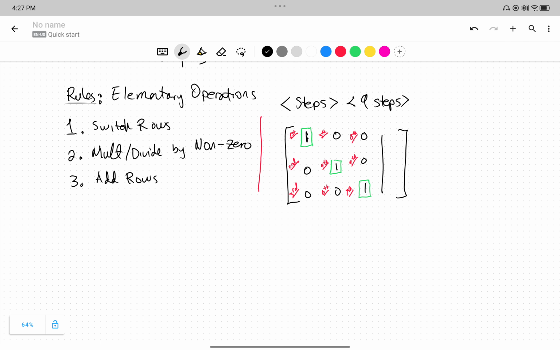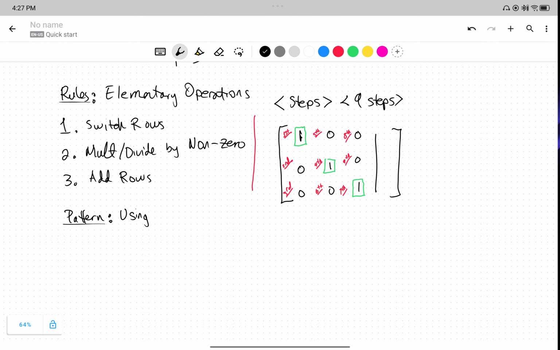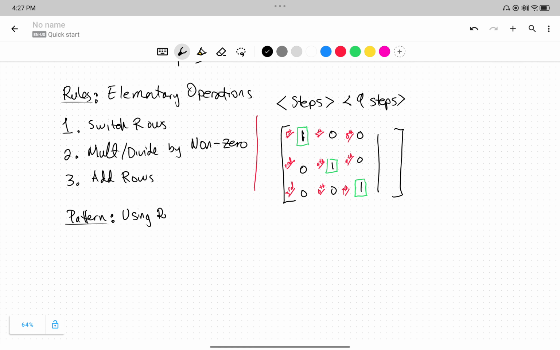So there's a pattern to knowing how to use the rules. And since we're getting ones and zeros, you always get the ones before the zeros.